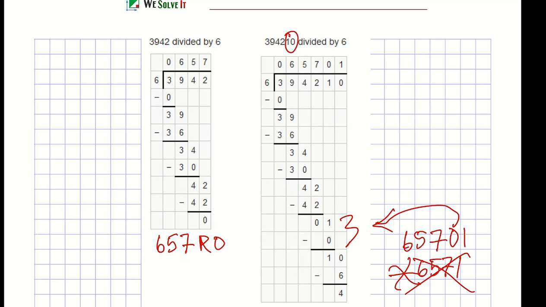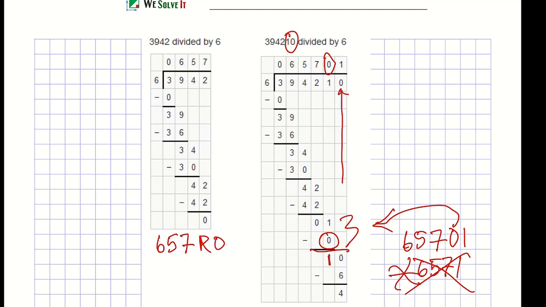We brought down the 1, and if you divide 1 by 6, it won't go. But you have to write it down. You write 0 right there. 0 times 6 is 0. You write it there, and then you do the same thing we've been doing. 1 minus 0 is 1. You put the 1 down there, and then you bring down the 0, because we're not done.